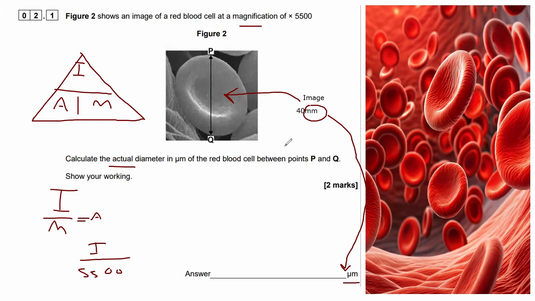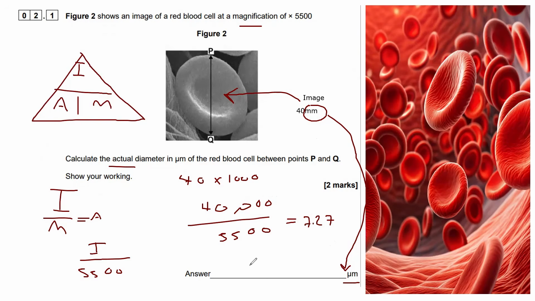We're going to do 40 times 1,000. We have 40,000 micrometers. That's our image. And we're going to divide that by 5,500. And that's going to give us 7,777.27, is what I get on my calculator.